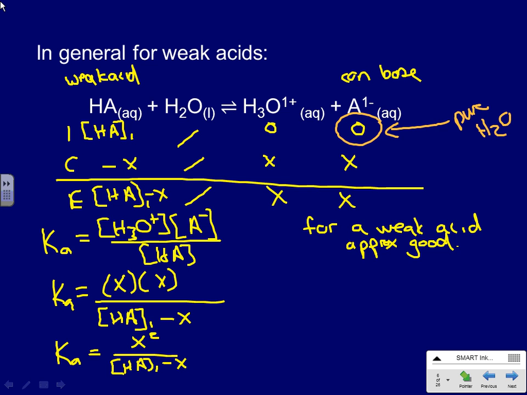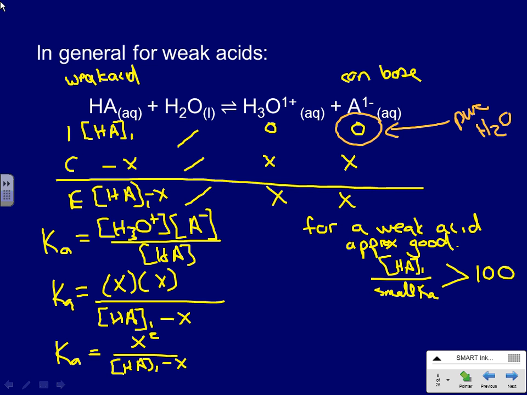It means that if I take that HA initial over the small Ka of a weak acid, that should get me a big number. You should keep an eye out for it though. When you're dealing with the Ka, if you see that it's getting close to the value of that HA initial, you might not be able to use this shortcut that I'm deriving here.